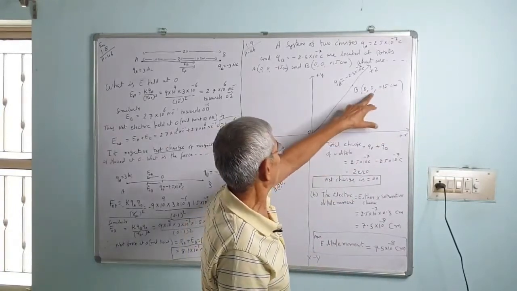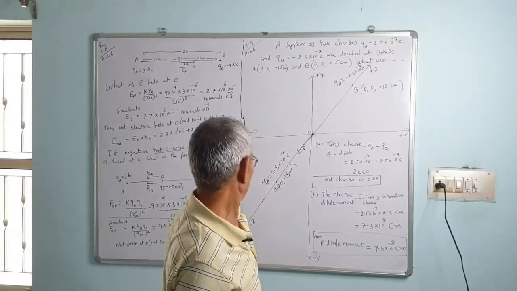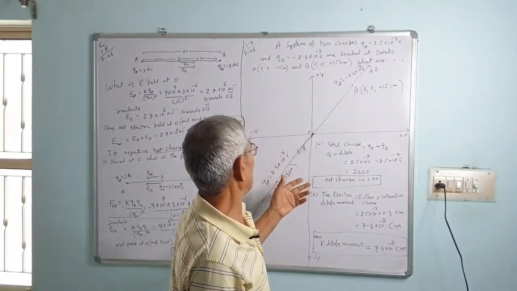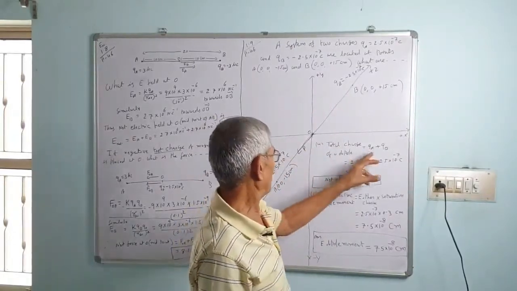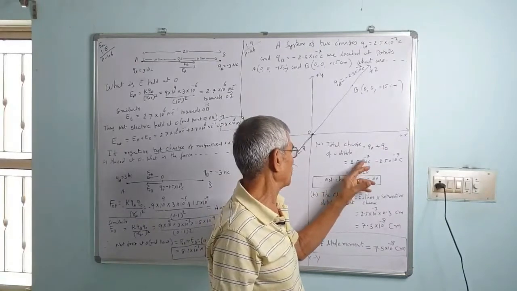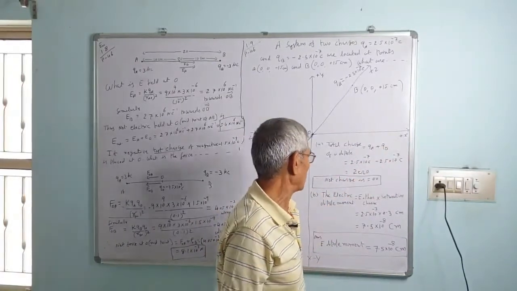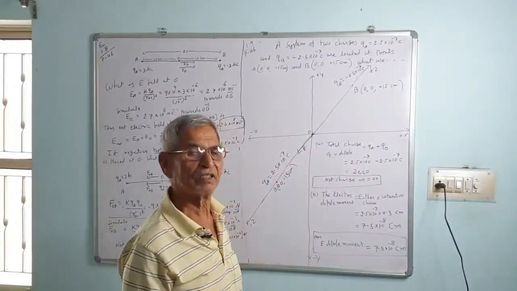X axis 0, y axis 0 coordinate, here also 0, 0. Correct. So the net charge of a dipole is QA plus QB. QA is 2.5 into 10 raised to minus 7 coulomb and QB is minus 2.5 into 10 raised to minus 7 coulomb, that is 0. We know already the net charge of a dipole is 0.